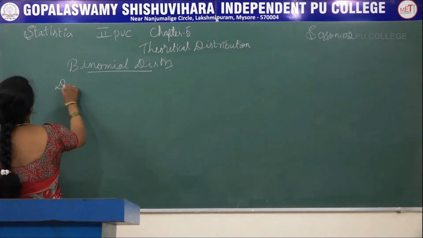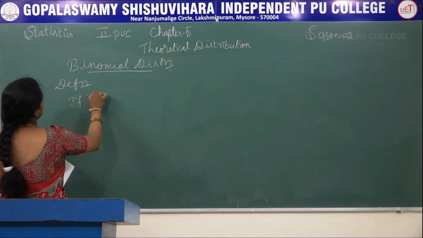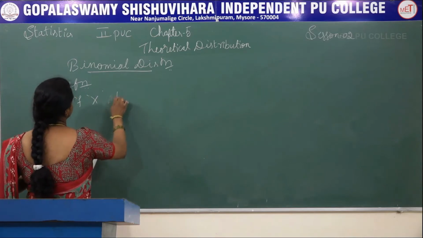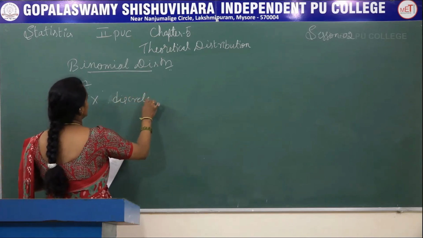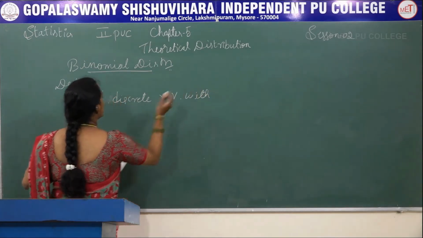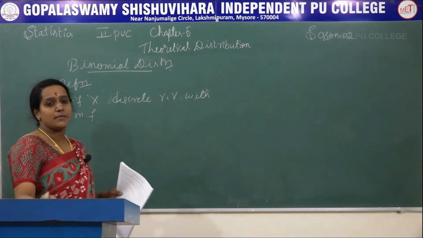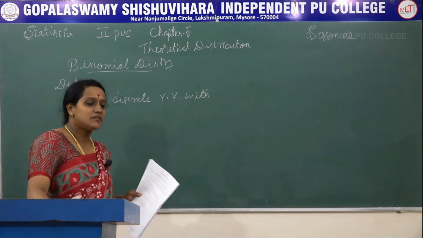So definition: if x is a discrete random variable with PMF. We know what PMF is? PMF is probability mass function.